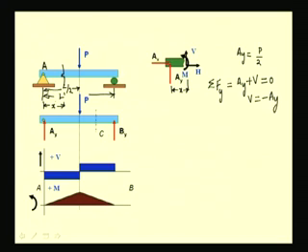We see that as the section moves from A to any point up to L by 2 of the beam, the shear force does not vary and it is equal to minus Ay and remains constant. So, we plot the same. So, here to some scale we have plotted this Ay, which is equal to minus P by 2. We have plotted the same and it remains constant up to the mid section.